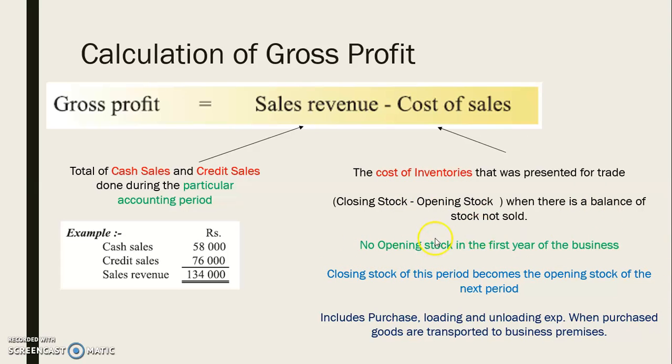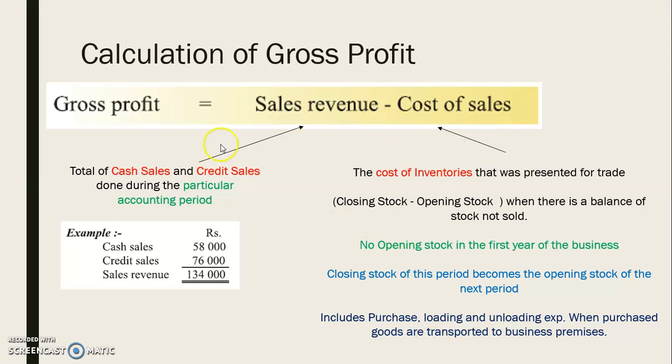So can you do a business without stocks? No. So we don't have opening stock, so what comes there is purchase. Any year we will have purchase of goods. So when you calculate cost of sales, we have to consider closing stock, opening stock, and purchases, and we have to consider the expenses that occur, loading and unloading expenses and other expenses that occur when your purchased goods are transported to the business premises.